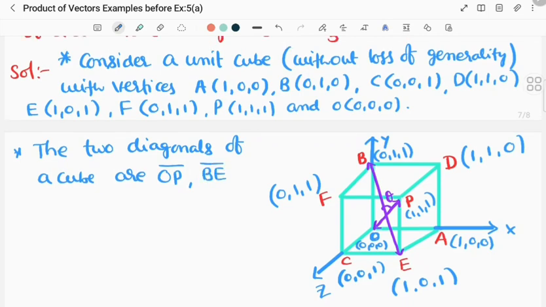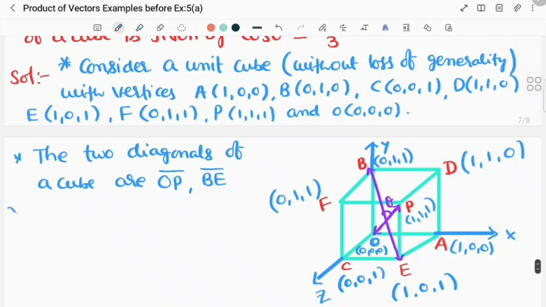So OP bar vector, OP bar equal to, they are position vectors only, no? These points are position vectors. So P minus O, I bar plus J bar plus K bar.